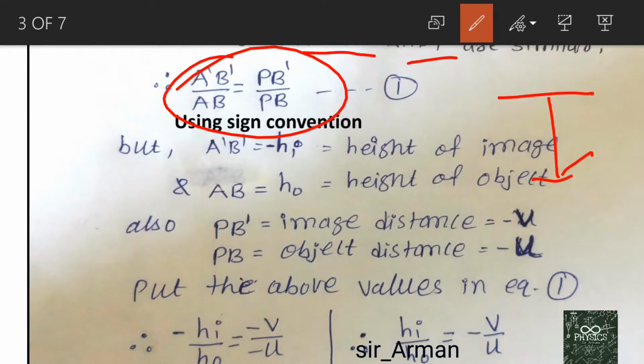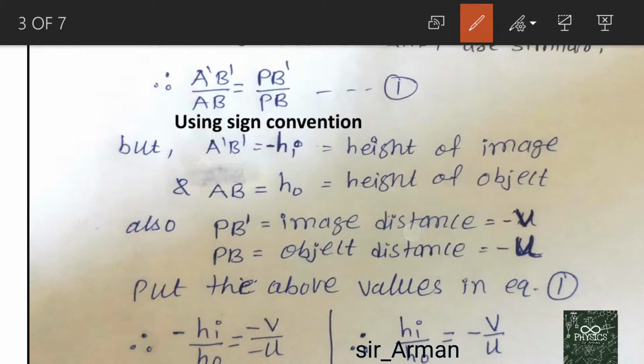So it is the size of the image, but it is in the negative y direction. It is inverted, so the height is minus hi. And AB is the height of the object, ho. So we are putting this value.